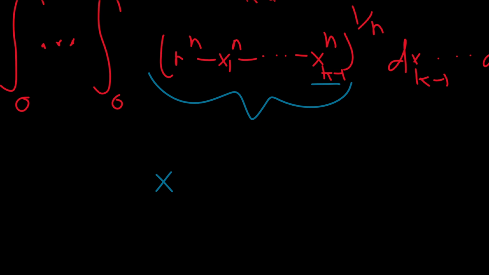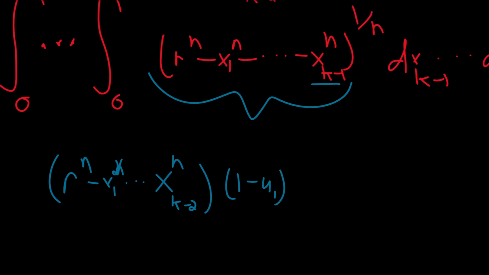So what we have is just r^n minus x1^n dot, dot, dot, x_{k-2}^n, and then what we have is a 1 minus u1.